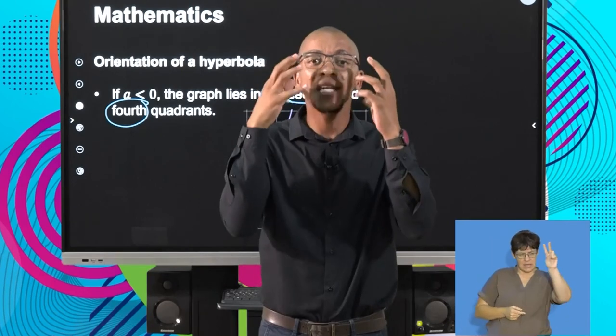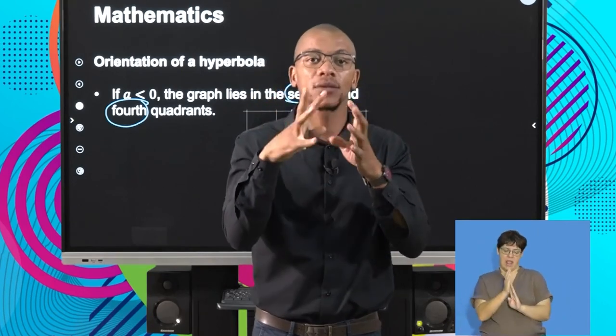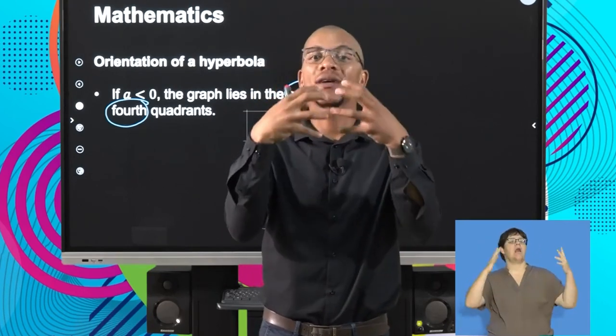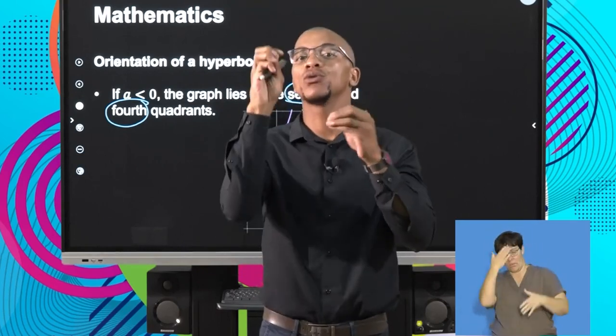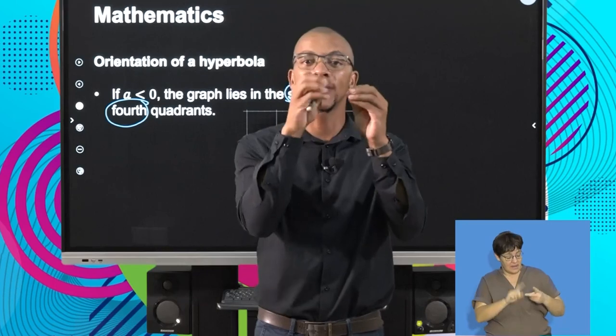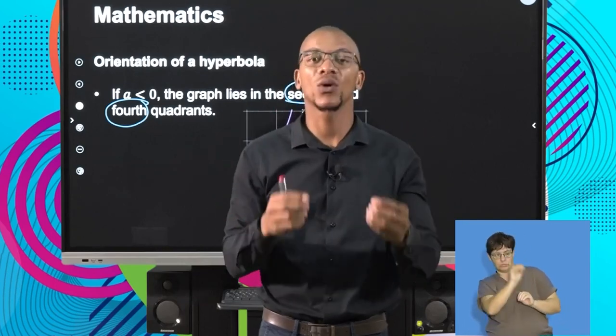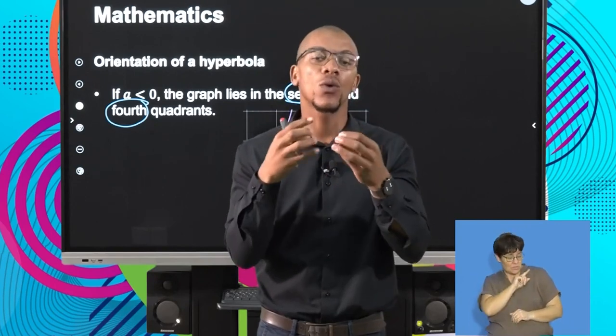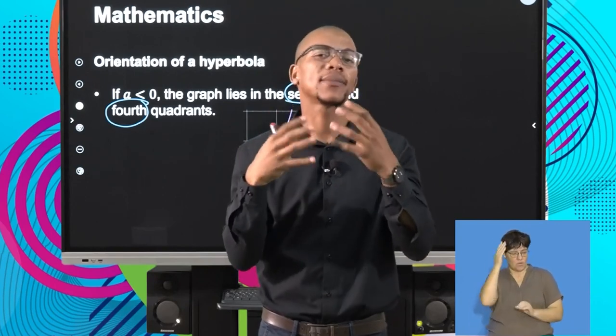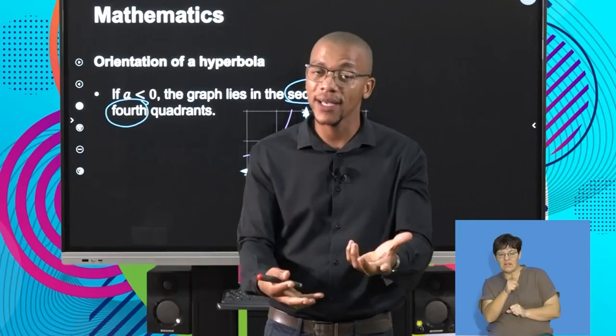So it gives you a kickstart to say, I know exactly where my graph is supposed to be. The next step is to find the values that you are going to plot and join them with a curve. So that's why it is important for us to know what a tells us about where the graph is going to be located.